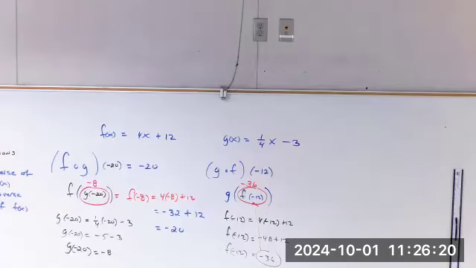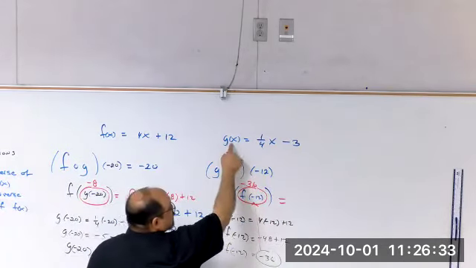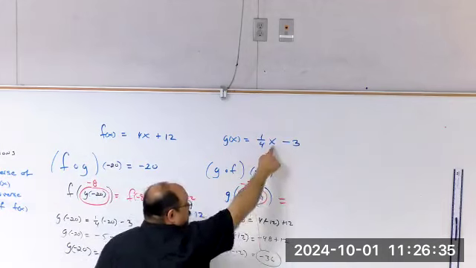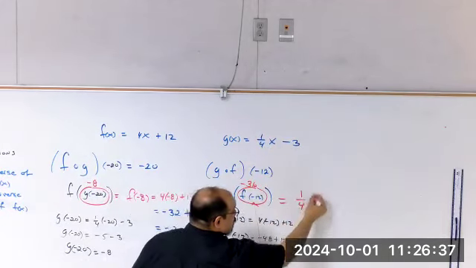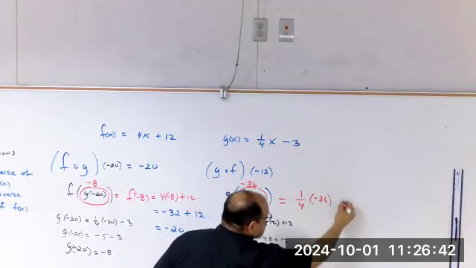Now, if they're inverse functions, G of negative 36 should change it right back into negative 12. Should undo what F just did. So I plug negative 36 into G, 1/4 of X. So that's 1/4 of the negative 36 minus 3.